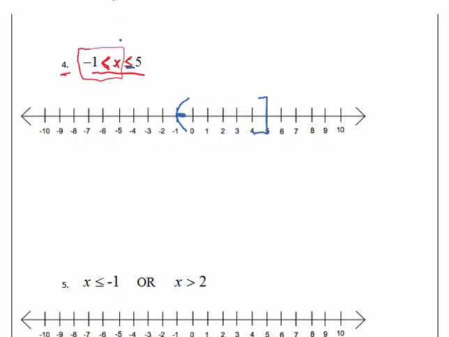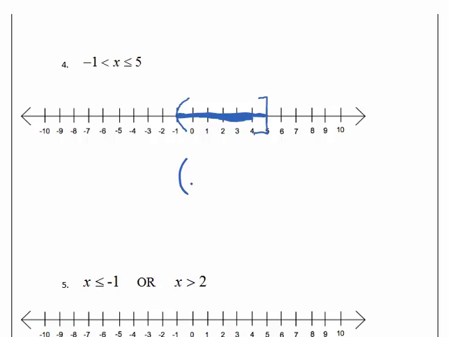If I were to read this inequality that was originally given, let me clean it up a little bit. X is greater than -1, less than or equal to 5, right? So that's all these values right here. That is the graph. Okay, and that really helps me with interval notation.